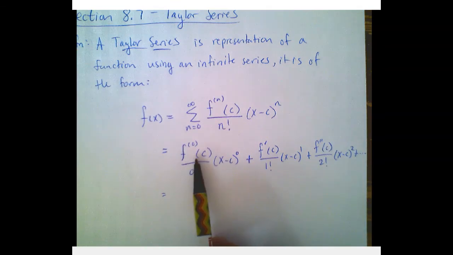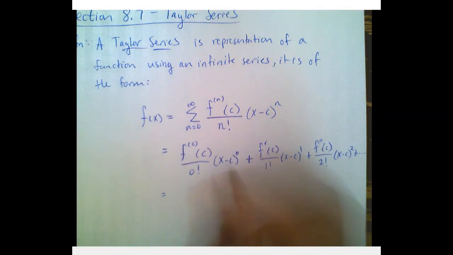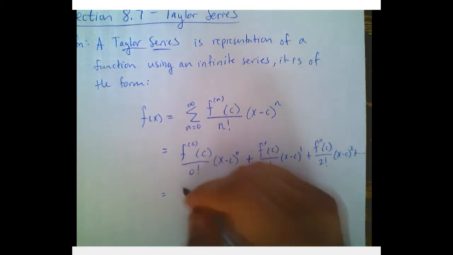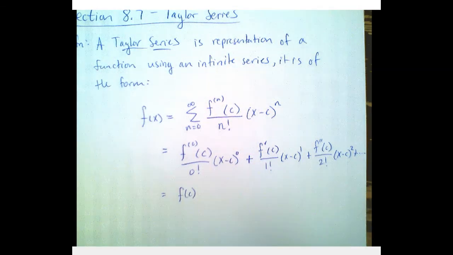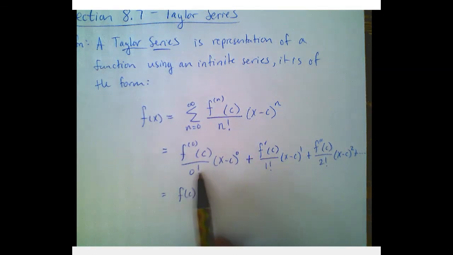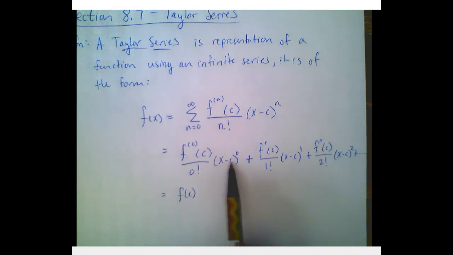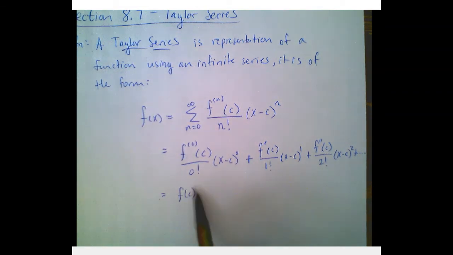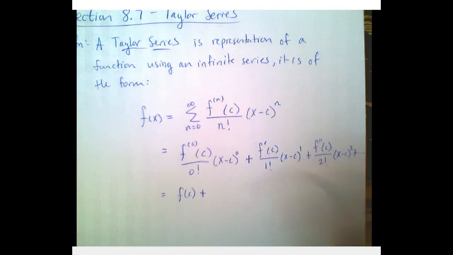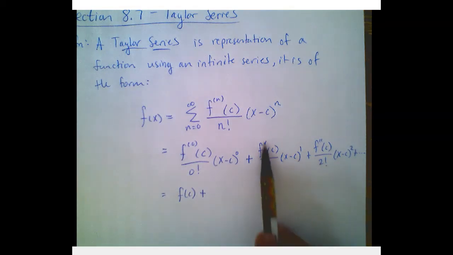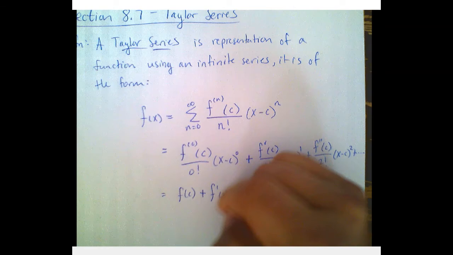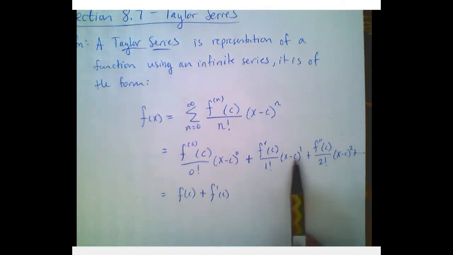So we can actually do a little bit of simplification here. The 0th derivative of f is just f itself. So that would be f at c. 0 factorial is just 1, so we don't have to write that. And x minus c to the 0 is also 1. So the first term of a Taylor series is just the function evaluated at this c value. Plus, f prime at c over 1 factorial, so that would be f prime of c times x minus c to the first.